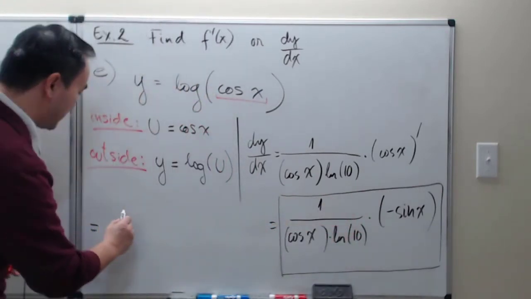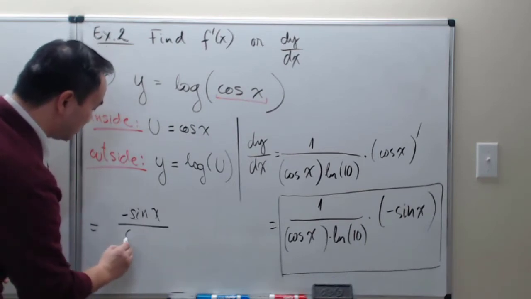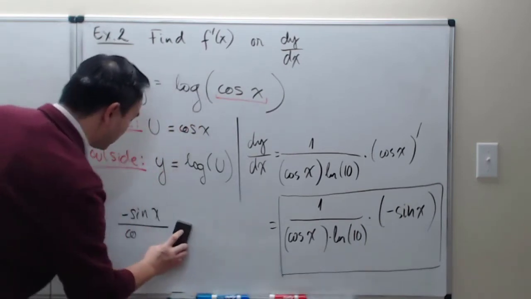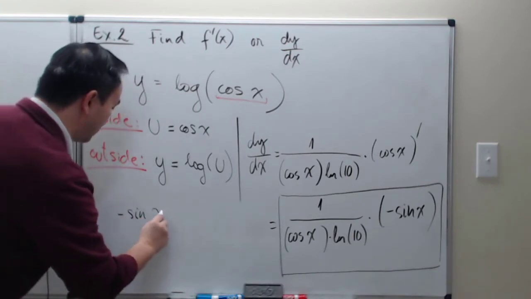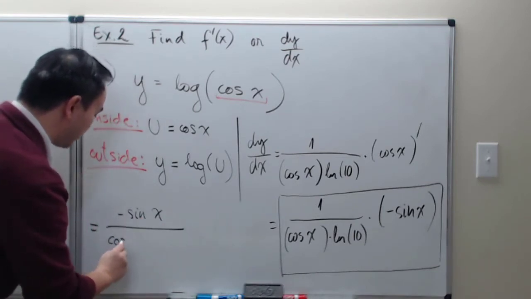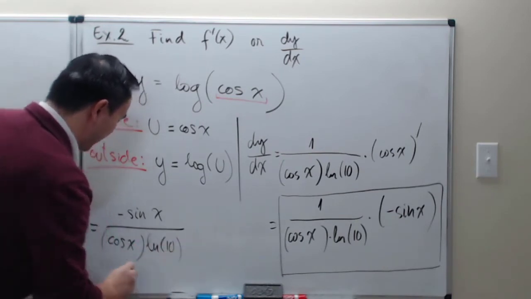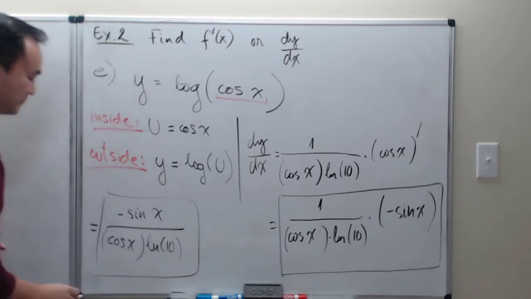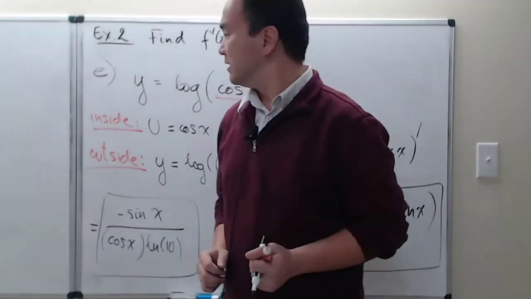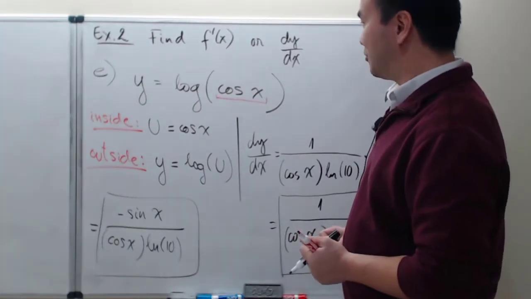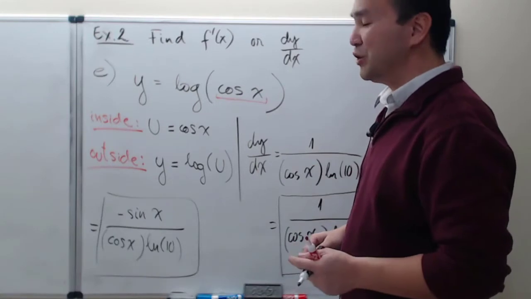So we can put it all into one fraction: minus sine of x over cosine of x times natural log of 10. Okay. All right, and that's how we're done with example 2 part E, and this is about the end of example 2 right here.